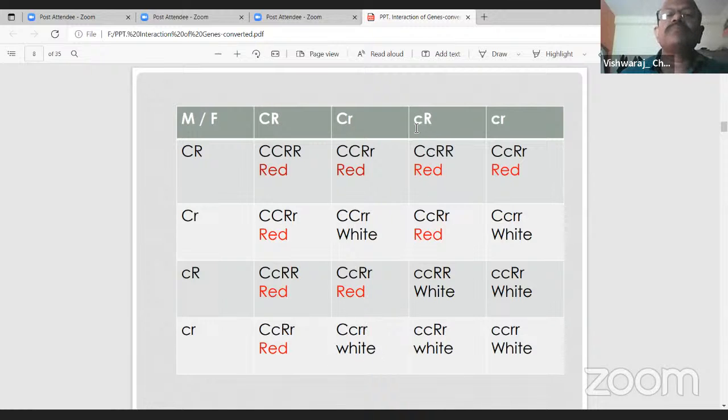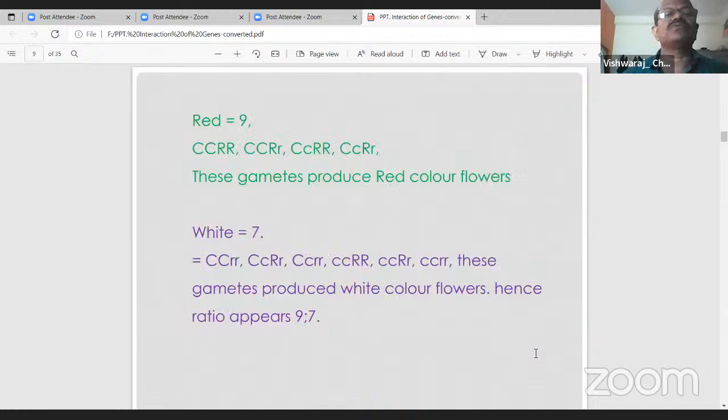Then female small c, male small c, female capital R, male small r, white color. From this, female small c, male small c, female small r, male small r, both are small, white color flowers are produced.